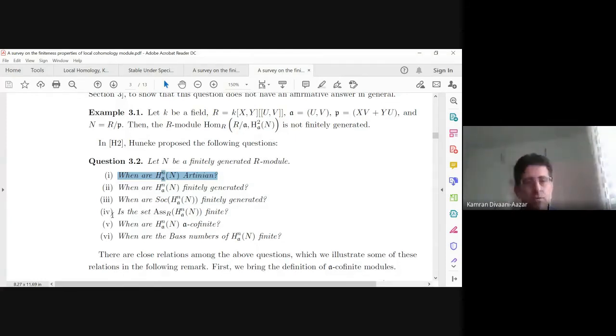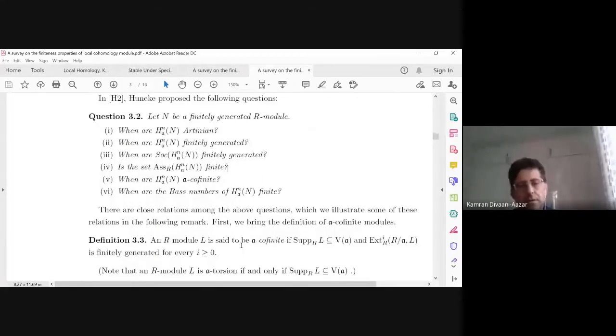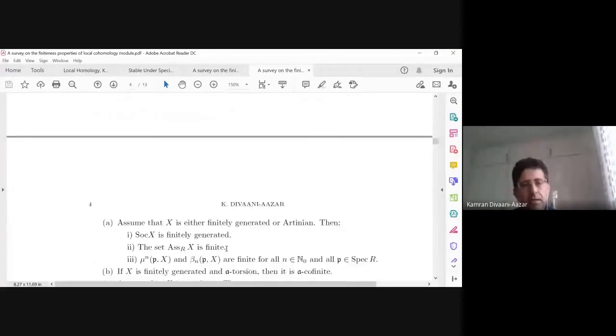But for the fourth part, it's not easy to find an example where the set of associated primes of a local cohomology module is infinite. And the investigation on this question has a long story.